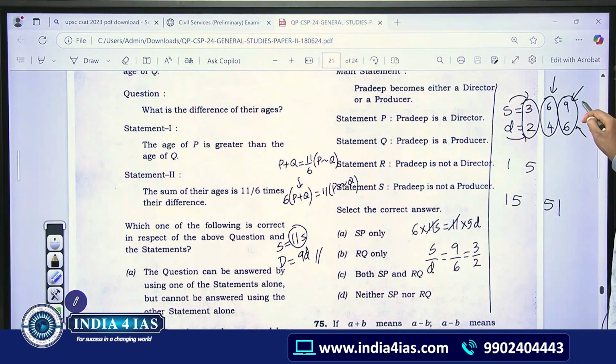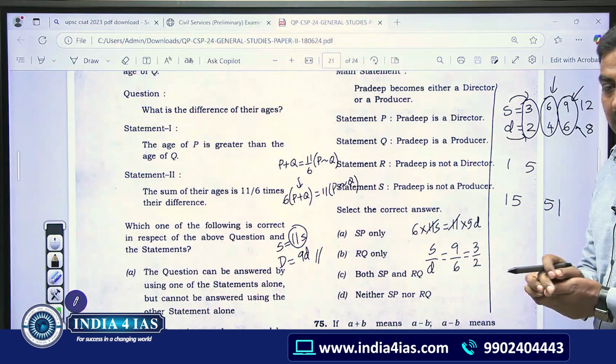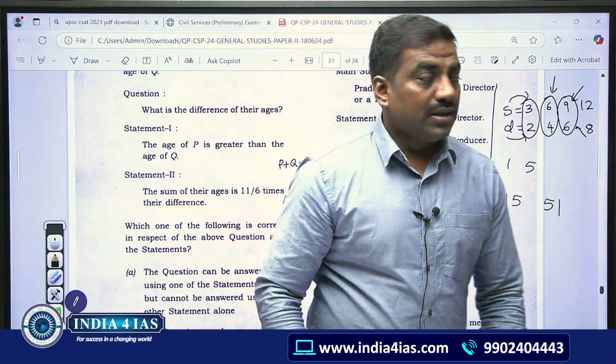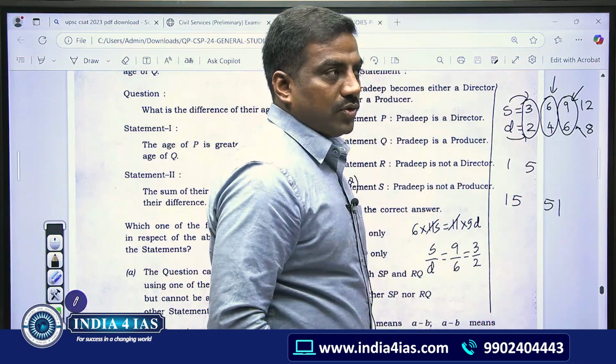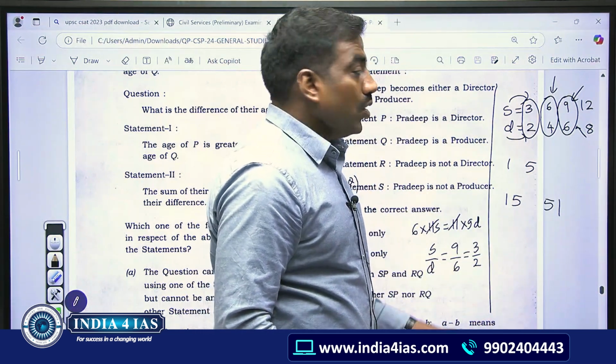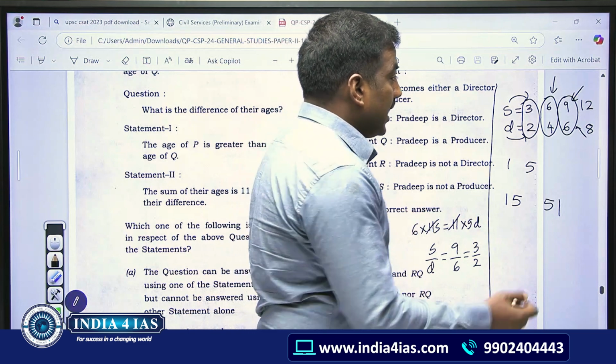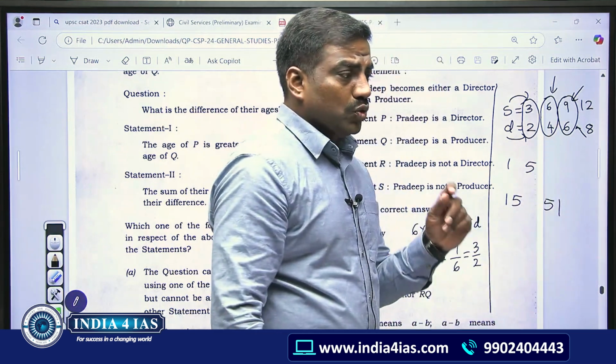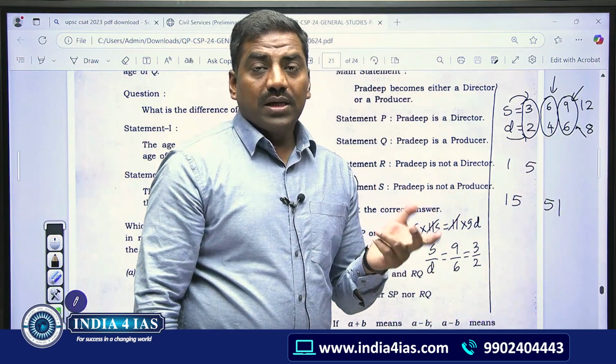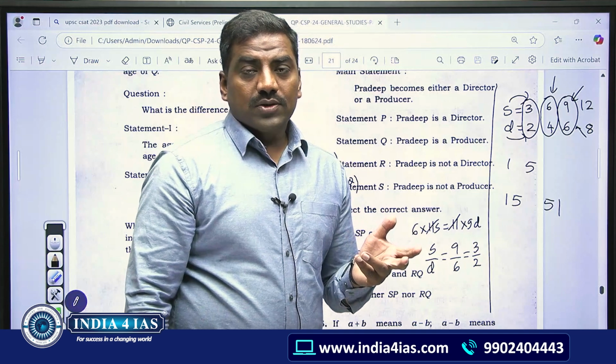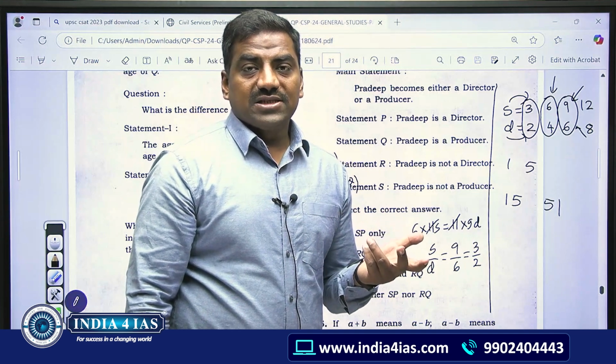We can go for 12 and 8 also. The sum has to be 12 and the difference has to be 8. Can we get such numbers?